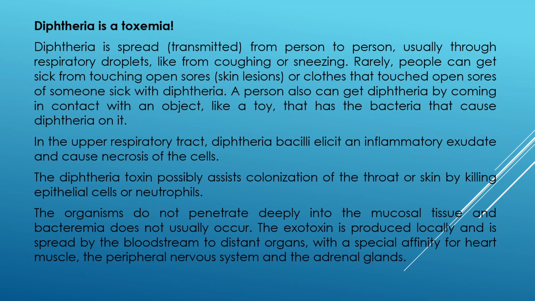The organism does not penetrate deeply into the mucosal tissue, and bacteremia does not usually occur. The exotoxin is produced locally and spread by the bloodstream to distant organs, with a special affinity for heart muscle, the peripheral nervous system, and the adrenal glands.